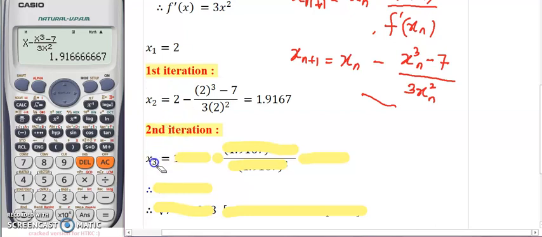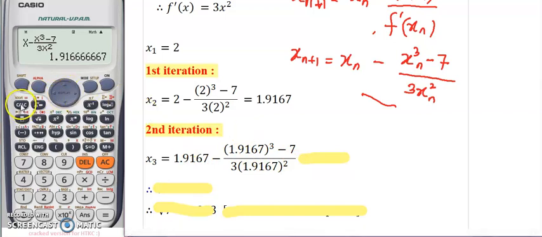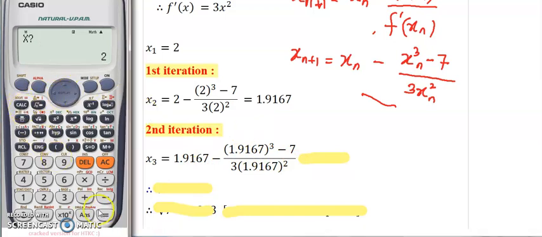For x3, the calculation will be: we substitute the result from x2 into the framework we have, and this is the corresponding result. x2 minus the cube of x2 minus 7 over 3 times x2 to the power of 2. To get the result from the calculator, we continue by pressing the calculate button.